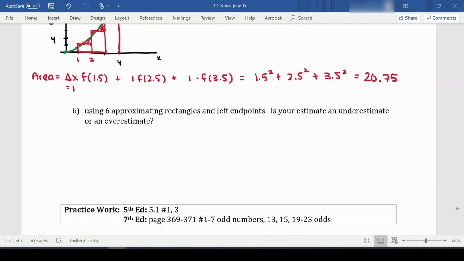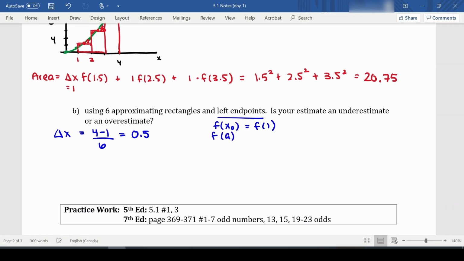Now, the next one, we're going to use 6 approximating rectangles, with left endpoints as our estimate. Is it an underestimate or an overestimate? In this case, with 6 approximating rectangles, our delta x is going to change. We have (4 minus 1) over 6, which means delta x is 0.5. Left endpoints means that I'm going to start at f of x0, which would be f of 1, because my a value is 1.